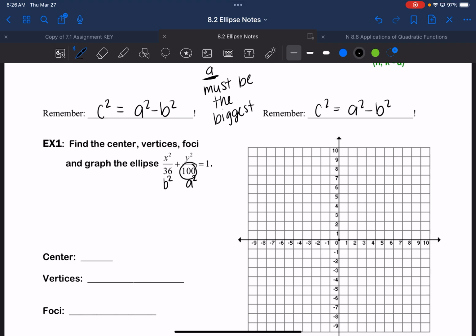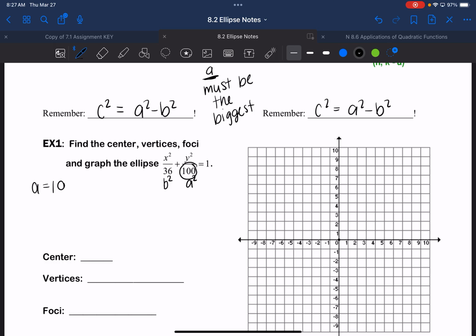Okay, well, if you look back up at the 2 pictures that they drew for us, they used just A, like H minus A, or K plus B, or whatever it may be, right? So I don't just need A squared and B squared, I need the actual value of A and the actual value of B. So if A squared is 100, what is A? Right.